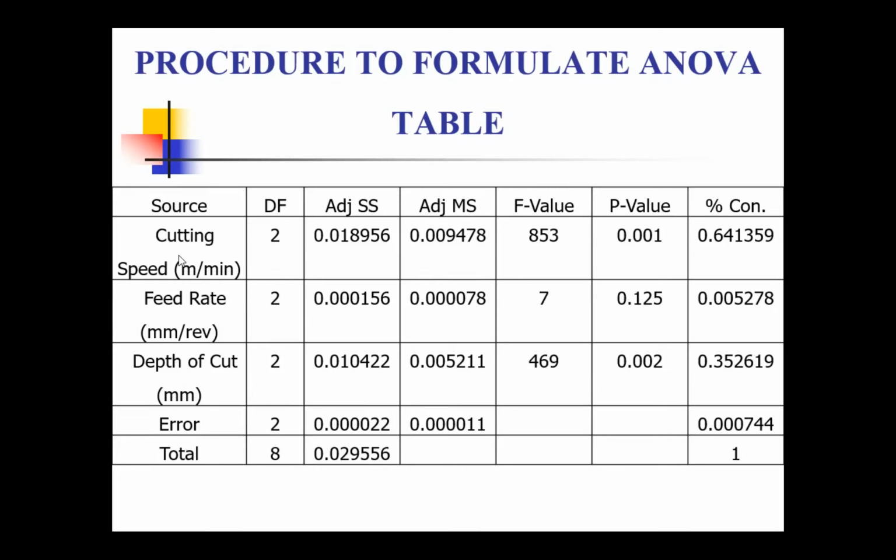So that is 64% and this is 5%. I have not converted it into 100. So 64%, then 5%, then depth of cut contributes 35%. And in the ANOVA, the error term is 0.07. So put together it should be 100. Or I will correct it now.